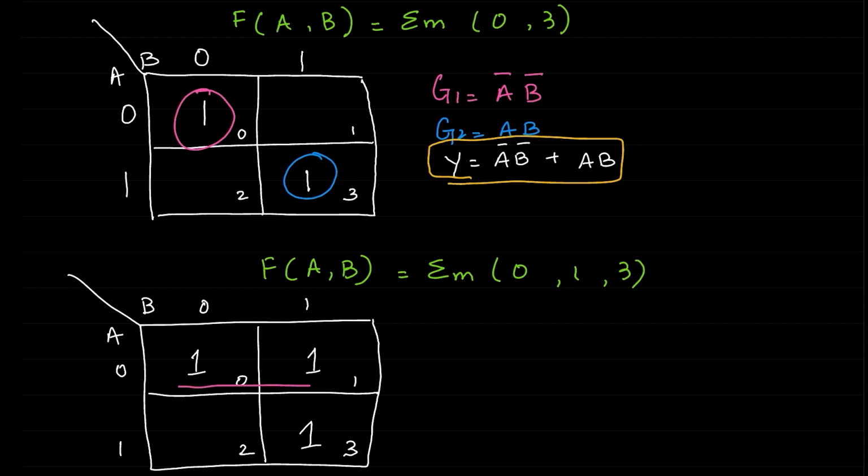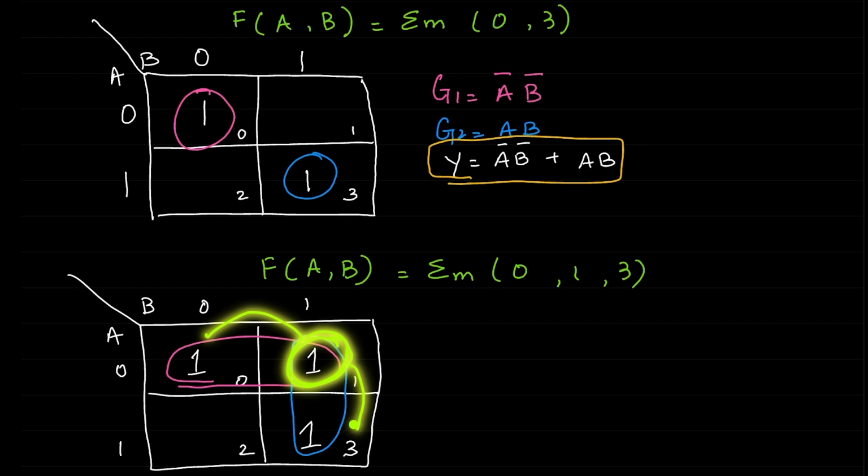We can group these two numbers, and also we can group these two numbers as well. You can notice that this particular one is used in both groupings, and that can be done. It is not a problem in a K-map.